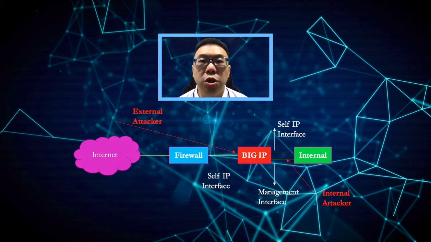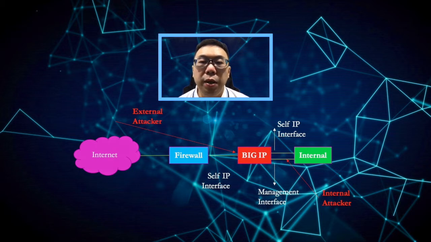Let me show you how attackers use this vulnerability to gain access to your BIG-IP, using a network topology diagram. As you saw in the diagram, the management interface is usually connected to the internal network, while other interfaces contain self-IPs, usually connected to external, DMZ or internal.